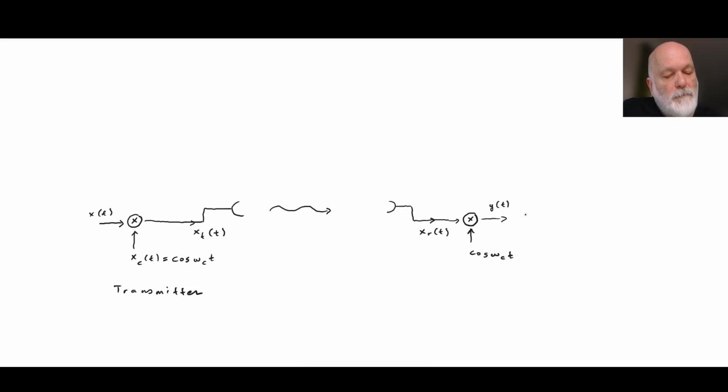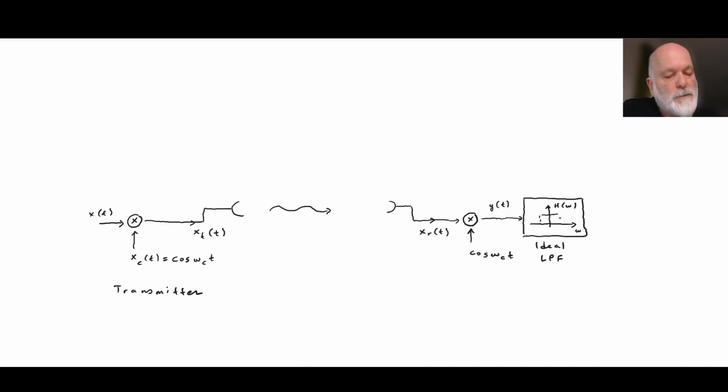And y of t will be fed to an ideal low-pass filter. Okay, so this is the ideal low-pass filter, and the frequency response of the ideal low-pass filter, let us show it by h of omega, will be equal to a constant.